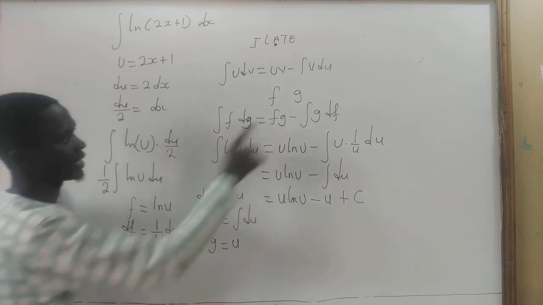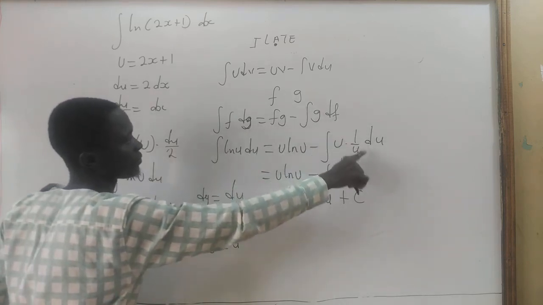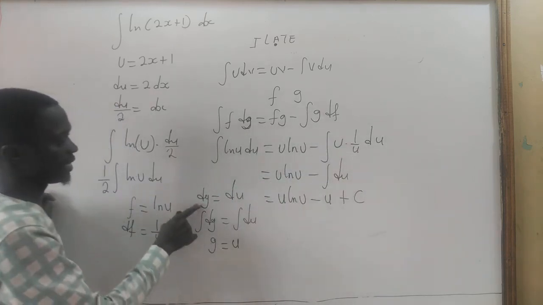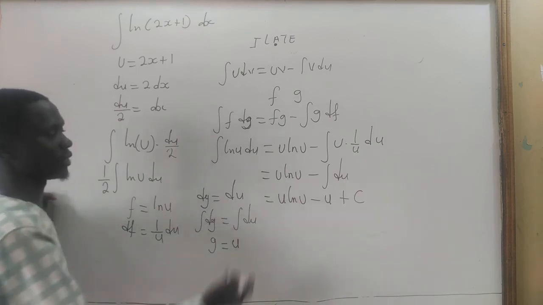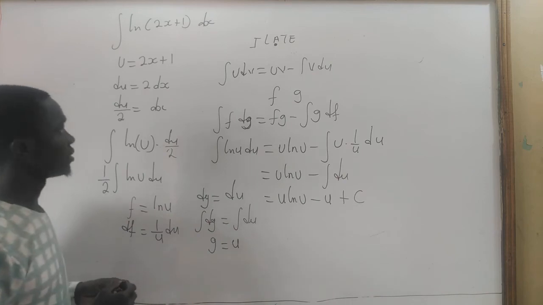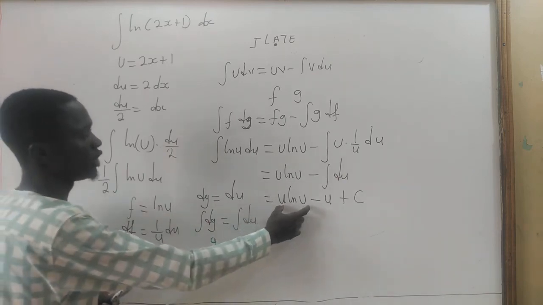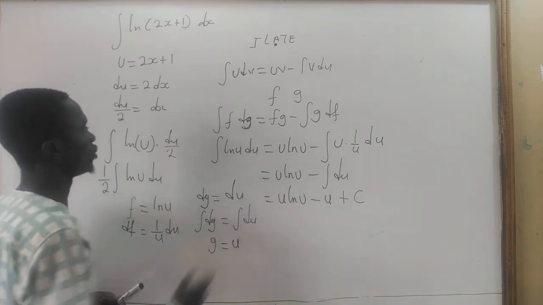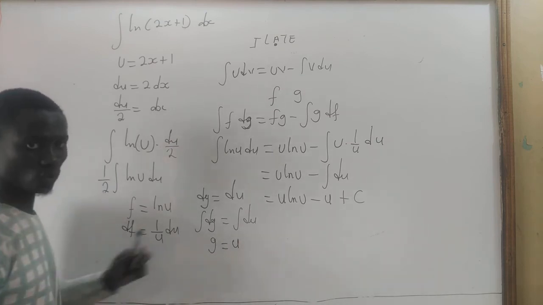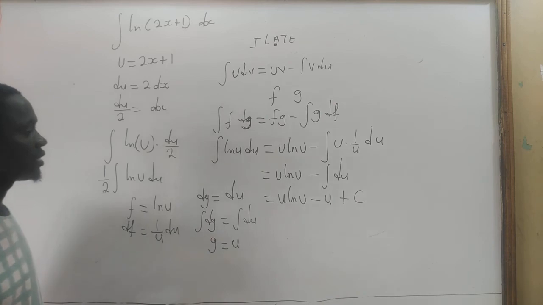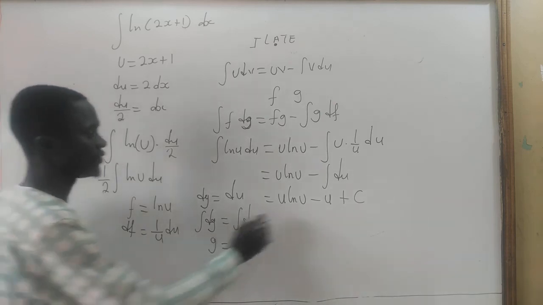So that is why we substituted it here. And here dg equals du. If we integrate, we get g equal to u. So let's do our substitution. We are going to undo the u substitution here. And remember, we have half here already, so we have to use the half.